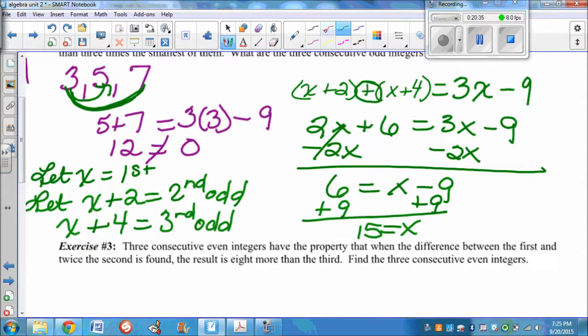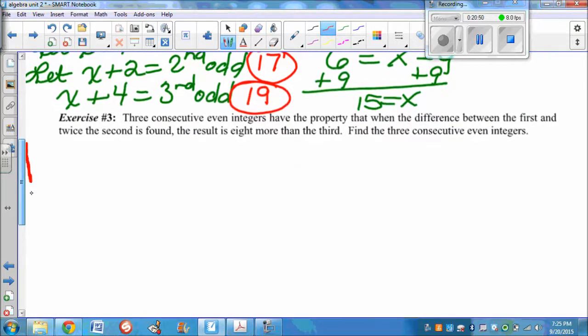So what are my integers? 15. 15 plus 2 is 17, and 15 plus 4, 19. Okay? All right.